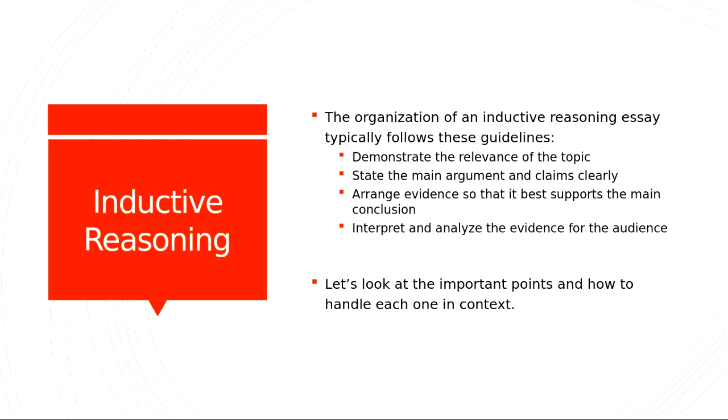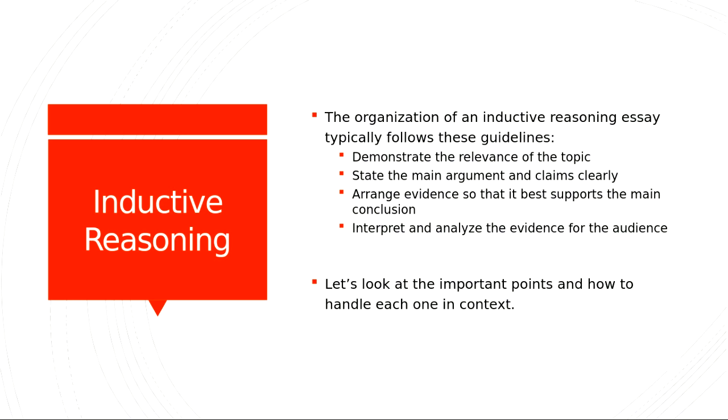Okay. The organization of an inductive reasoning essay typically follows these guidelines. Okay. So start off with demonstrating the relevance of the topic. Why is it related to the topic that you're discussing? State the main argument and claims clearly. Okay, for sure, make sure that you are getting your main argument clearly articulated.